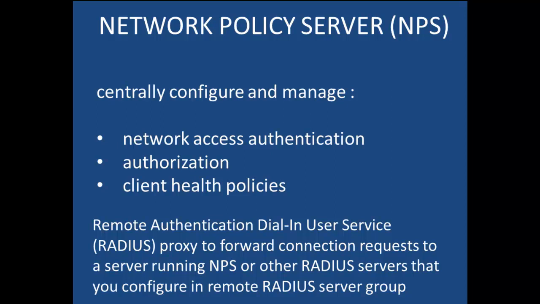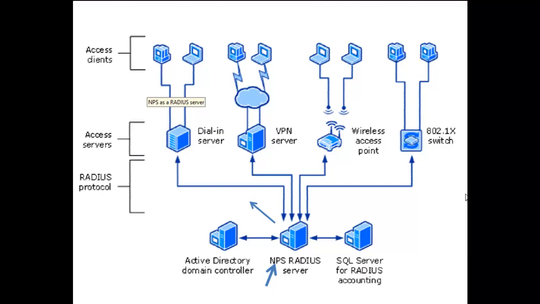Let us take a look at how the whole thing fits into one picture. In this diagram, we have access clients. These access clients are the client computers that want to access your corporate network.